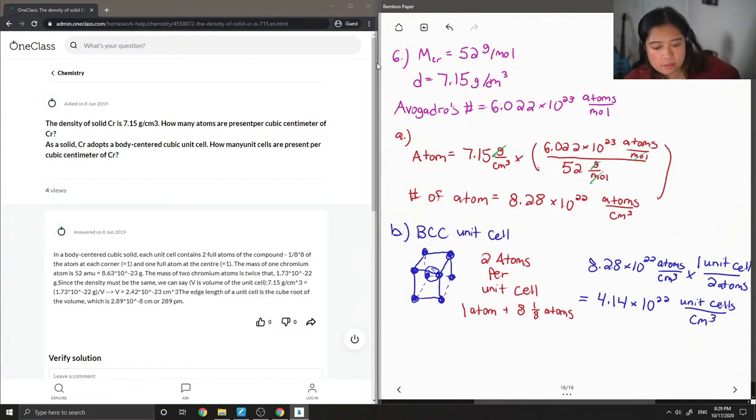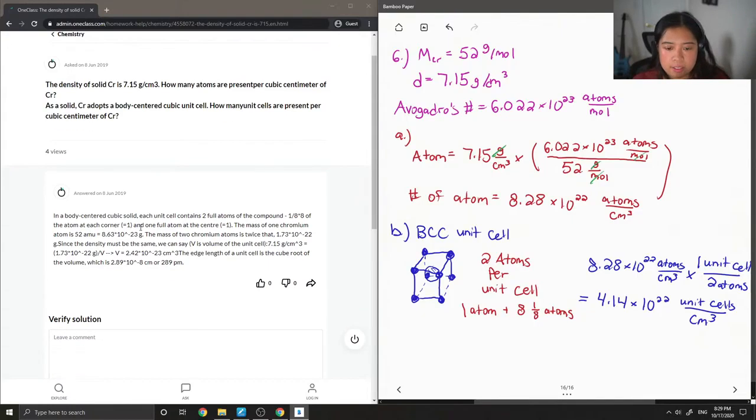Okay, so let's see the answer of our junior tutor. In a body-centered cubic solid, each unit cell contains 2 full atoms of the compound. And then they have the same kind of math, so 1/8 times 8 of the atom at each corner equals 1, and 1 full atom at the center equals 1. The mass of 1 chromium atom is 52 AMU, and then this is equal to 8.63 times 10 to the negative 23.